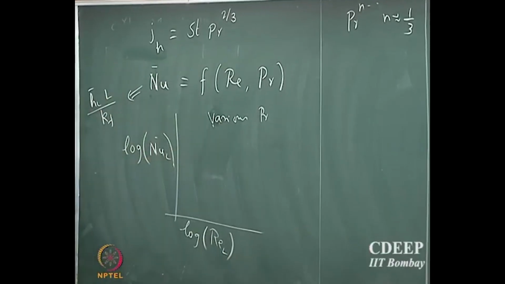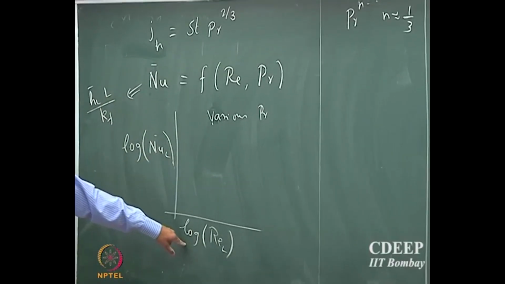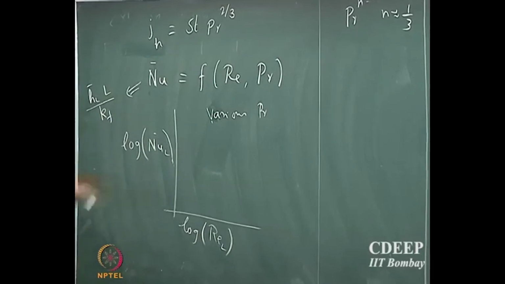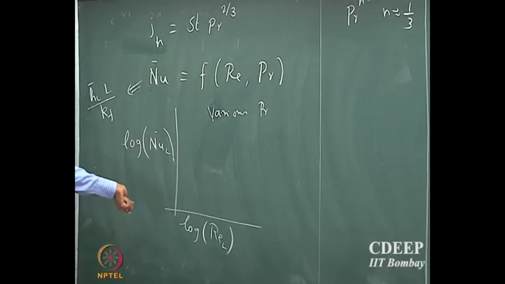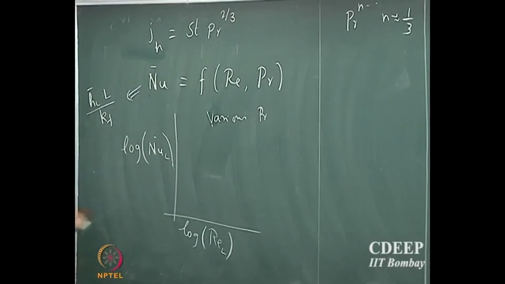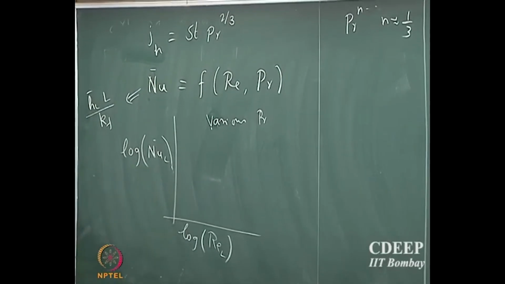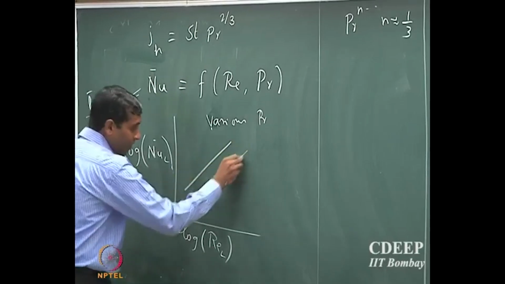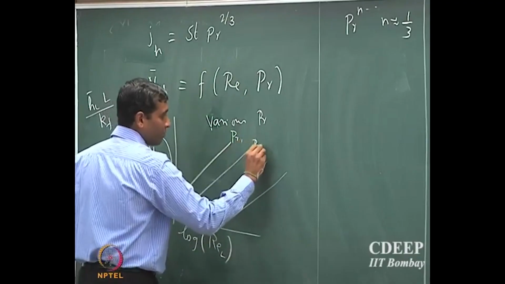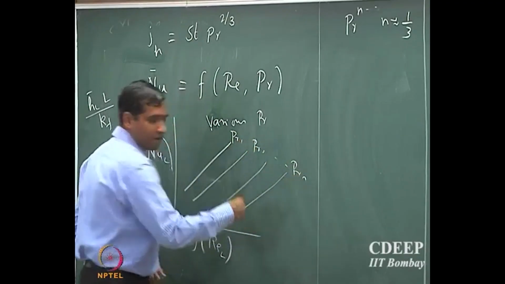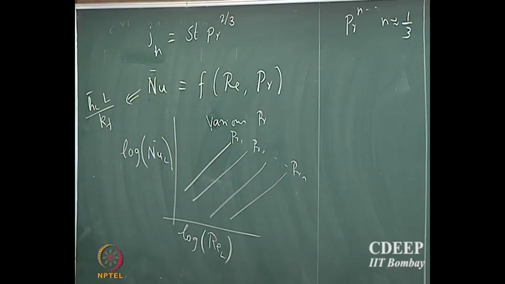So it's not by chance that they found you have to plot log, it's actually some of these theoretical Colburn analogy was used to understand what should be the functional form that you have to use to extract information from this data. So they made a plot for different values of Prandtl number, Pr1, Pr2, etc.